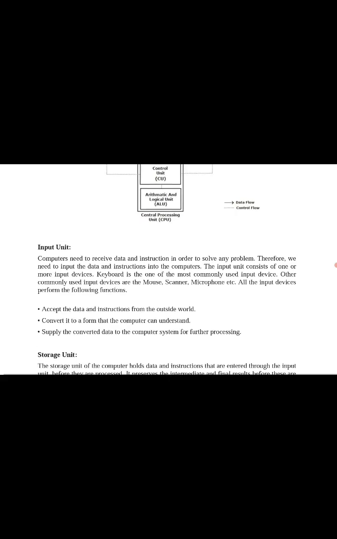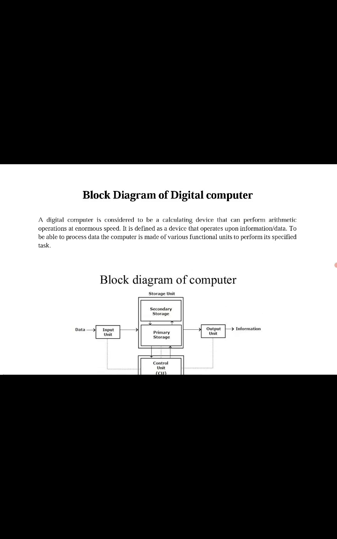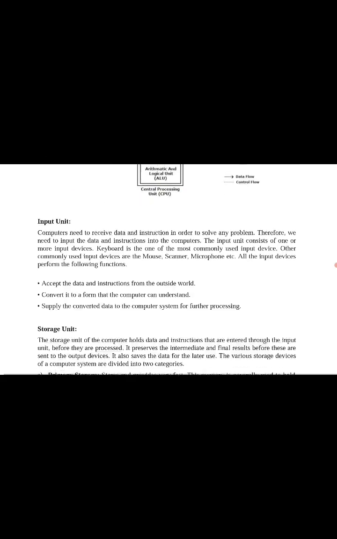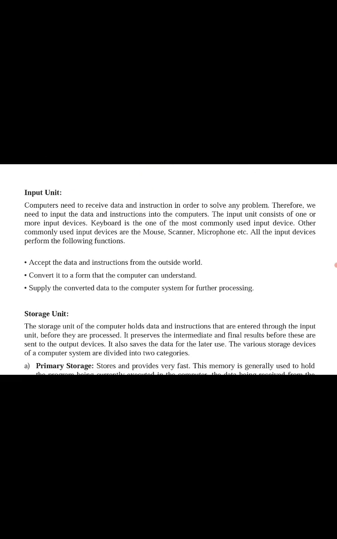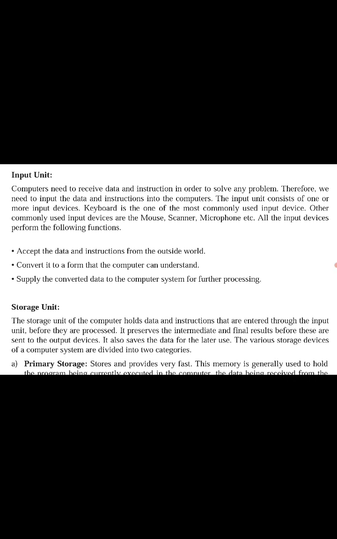So what is the input unit? The first part is the input unit. Computers need to receive data and instructions in order to solve any problem. Therefore, we need to input the data and instructions into the computer. The input unit consists of one or more input devices.